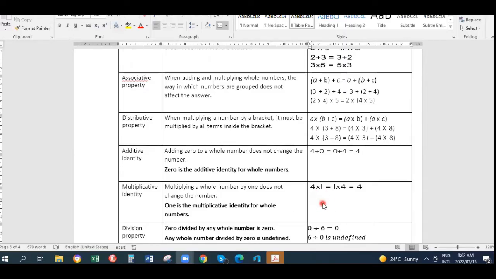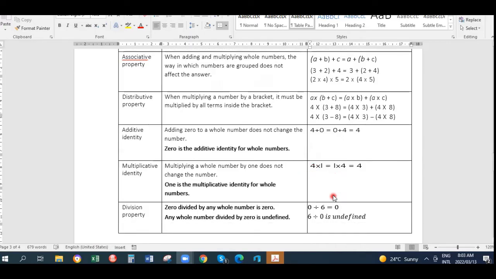So your multiplicative identity for whole numbers is 1, and for addition, it's 0. Multiplication has 1 as the identity element and addition has 0, because 0 does not change the 4 in addition and 1 does not change the 4 in multiplication. So you multiply any number by 1, the number will still be your answer.